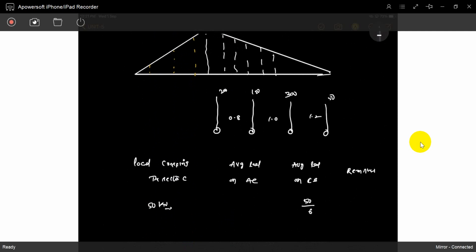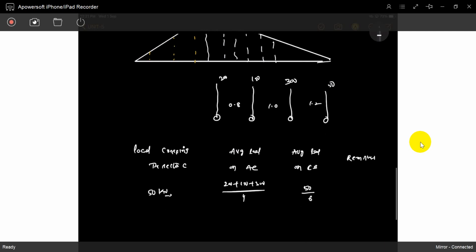Average means per meter. Per meter how much load? So if the 50 crosses the section C, the average load on CB is 50 by 6. For the average load on AC, the remaining is 200, 150, 300 by 4. Is that equal? Compulsorily it is more. So AC is more than CB. So it is not good.